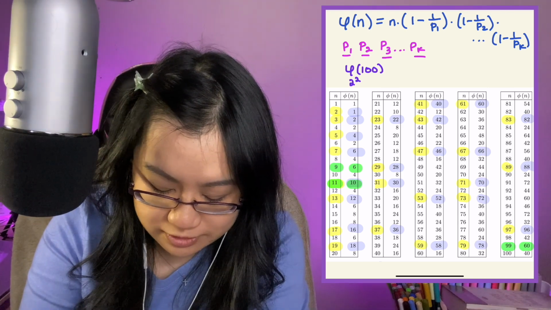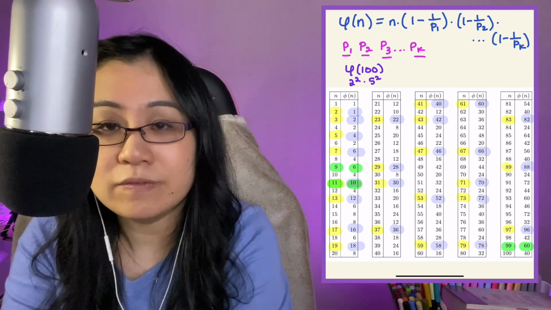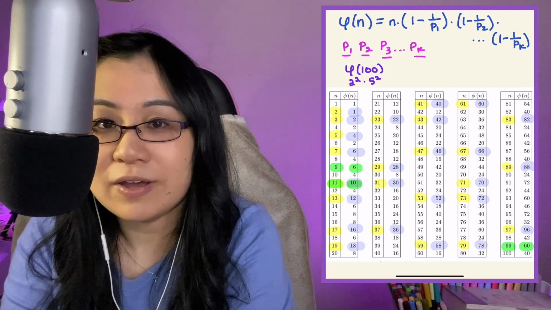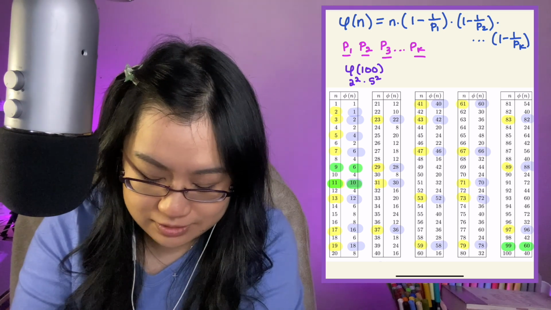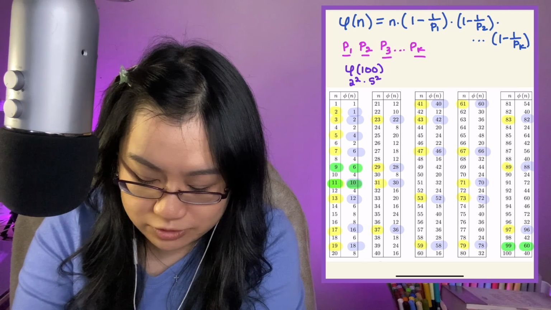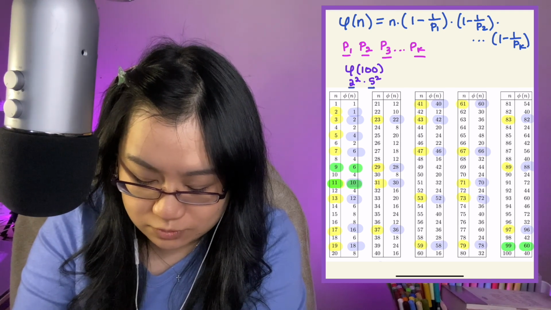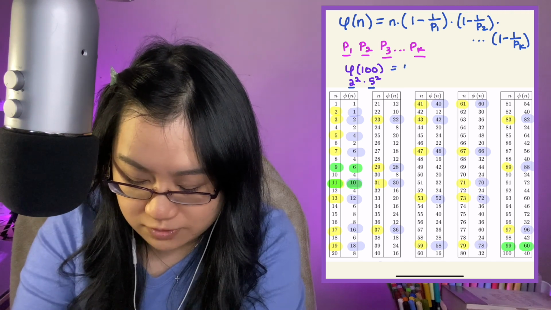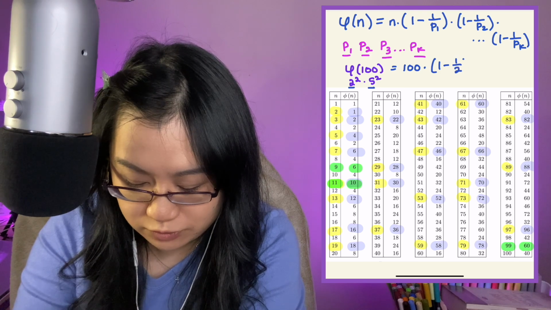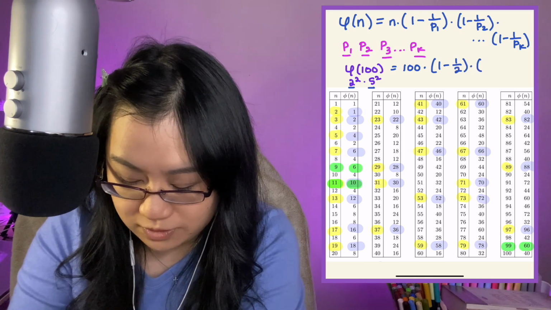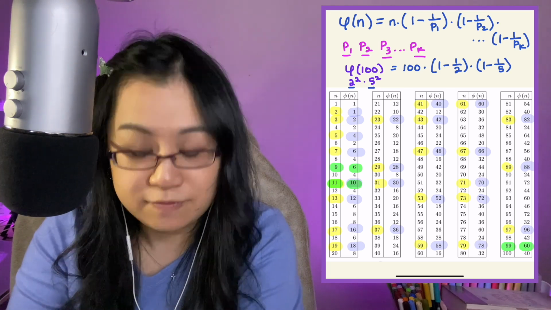If you do 10 squared, then 10 is 2 times 5. But you basically just keep factoring it until you have powers of prime numbers. And so here we have two distinct primes, 2 and 5. And so according to the formula, you take 100 and you multiply by 1 minus 1 over 2 times 1 minus 1 over 5. And this should be phi of 100.